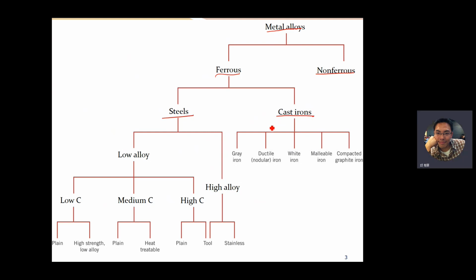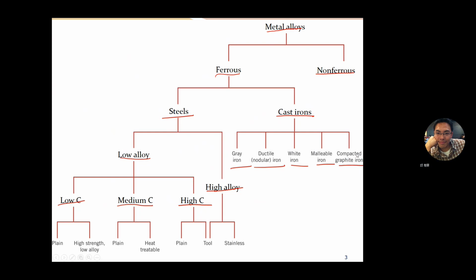The steels can be classified into low alloy and high alloy, and the low alloy can be classified into low carbon, medium carbon, and high carbon content. Cast irons can be classified into gray iron, ductile iron, white iron, malleable iron, and compacted graphite iron.